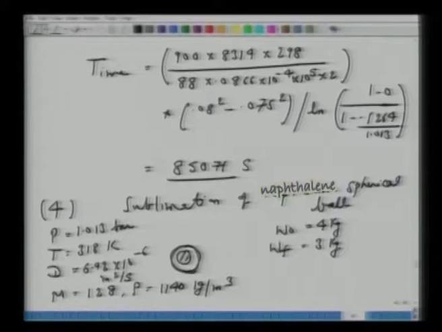Now look at the evaporation of this naphthalene. When it diffuses, first it has to evaporate. So it evaporates into the atmosphere, which is air. If it evaporates, then there has to be a concentration gradient. The concentration at the surface is controlled by the vapor pressure, or what we call sublimation pressure.